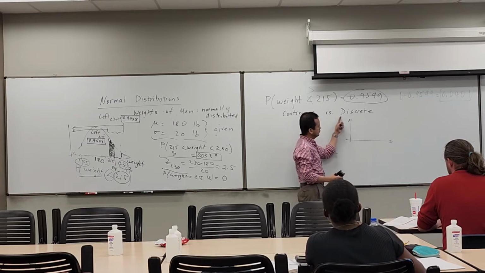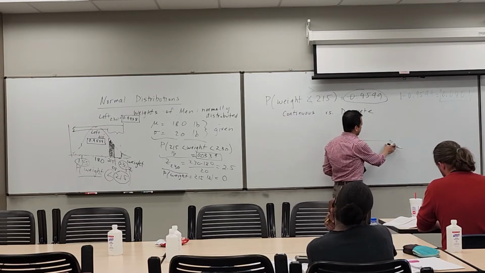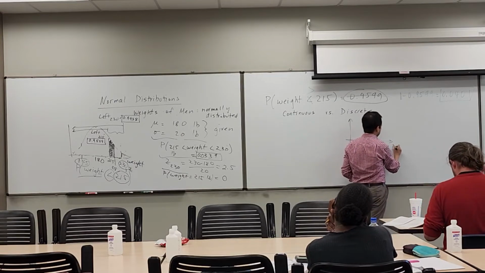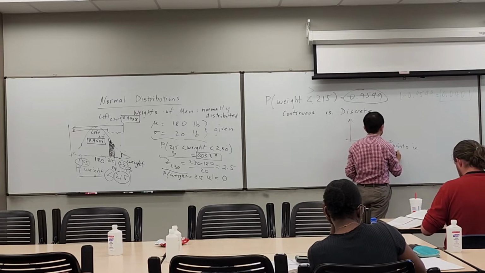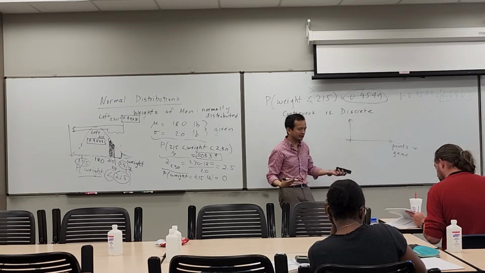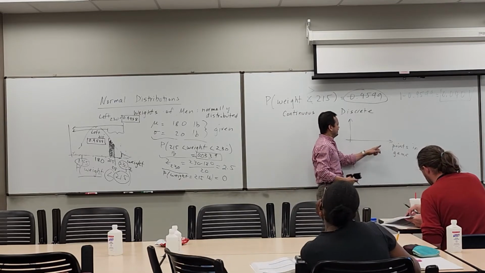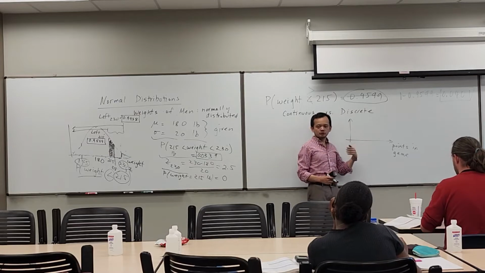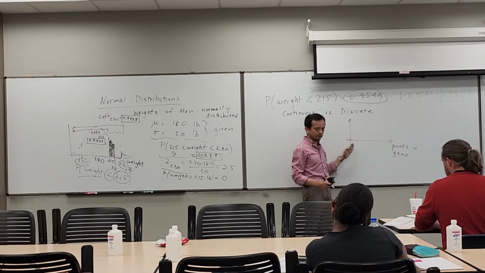So for a discrete variable, let's start with an example. Let's say that your variable is points in a basketball game. There's points in any game, whether it's basketball or football or hockey or volleyball or whatever. So this represents a distribution, which means on the x-axis, you want to list out all possible values of your variable.